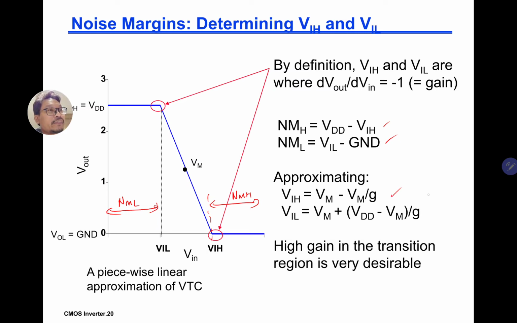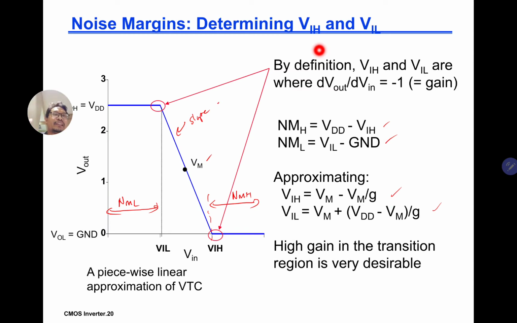So then you can also have this equation here where we can approximate the value of VIH and VIL given VM. If your VM is given, then it depends on your slope, how slopey it is.